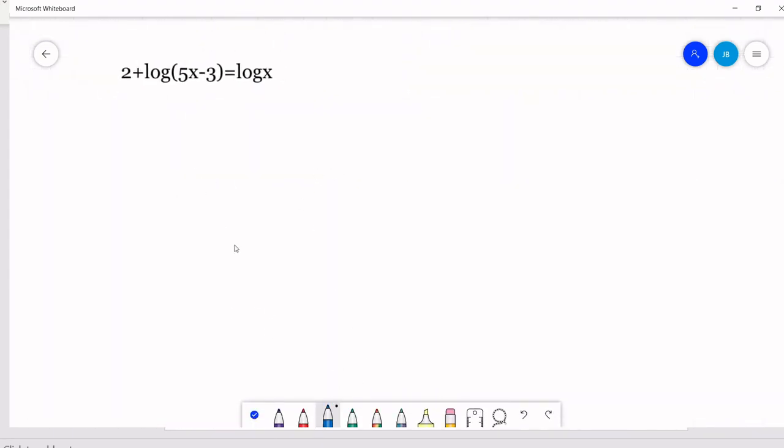Let's find a way to solve the value of x here. So log x minus, take note that this is inside parentheses. So it becomes log, actually we can solve this this way.